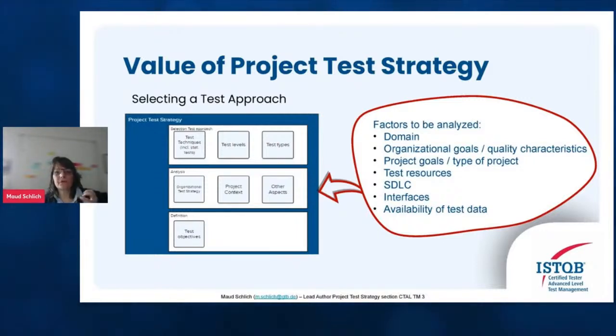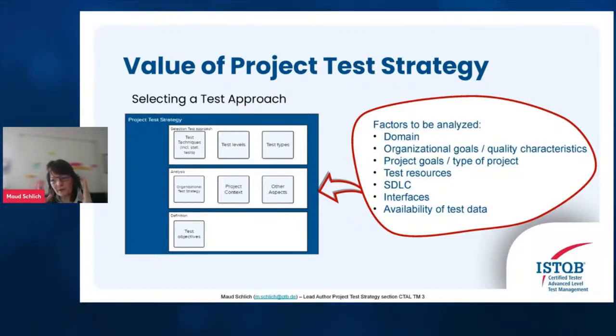And all those factors make up your test strategy. They tell you where to take a closer look. And this is what you have to analyze. So when writing these chapters, we had lots of discussion about what you do when you are in a test management position and need to come up with such things.